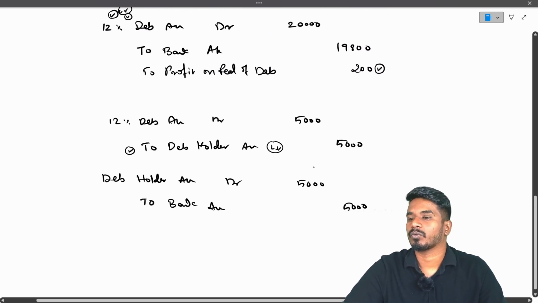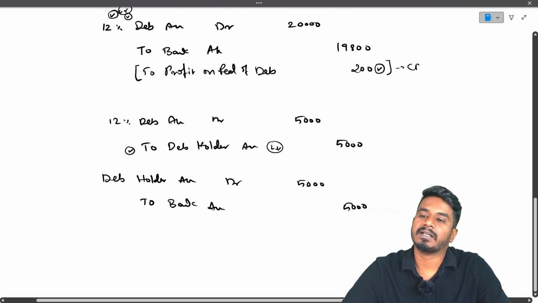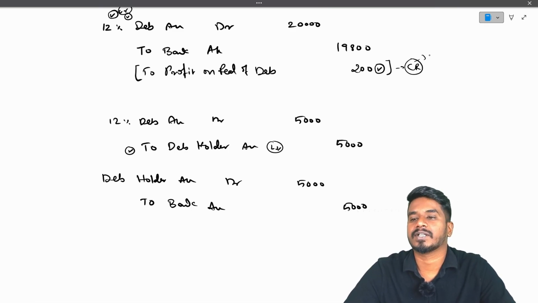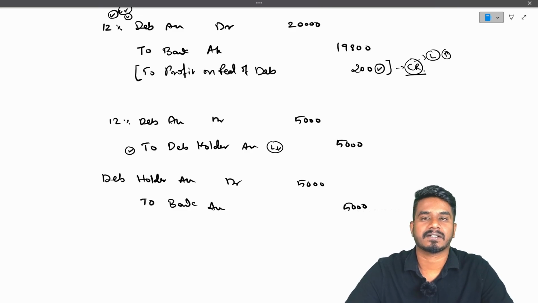Now whatever profit we had here, we need to transfer to the capital reserve. Capital reserve we show on the liability side, so liability will increase and the capital reserve is credited.